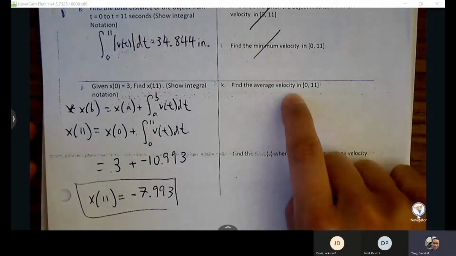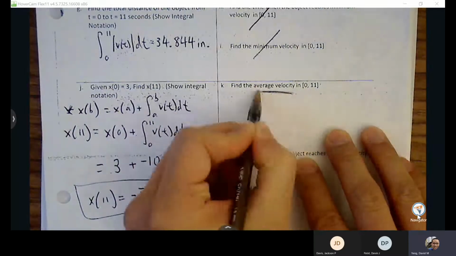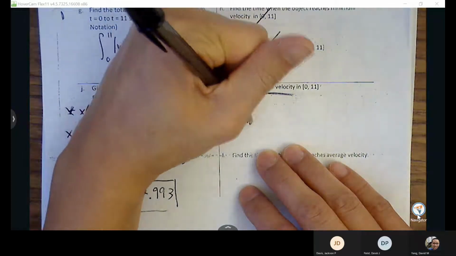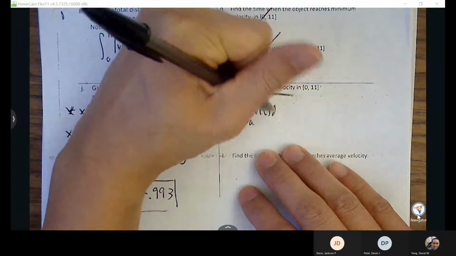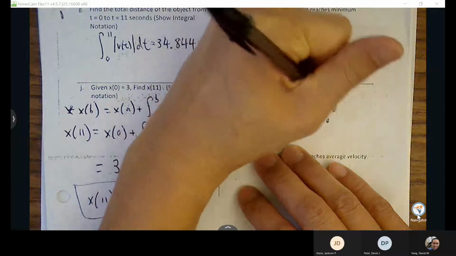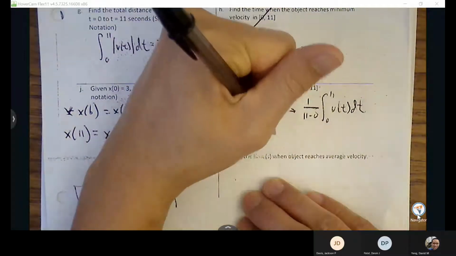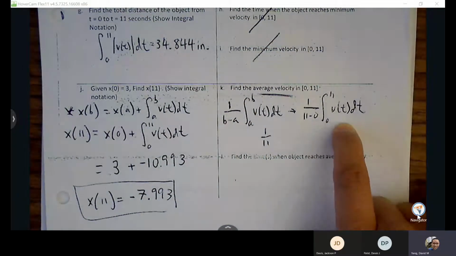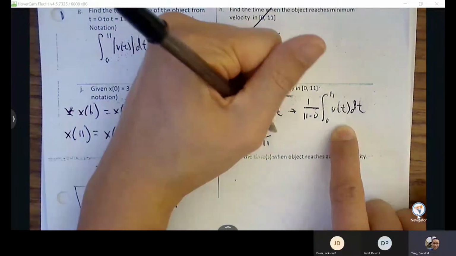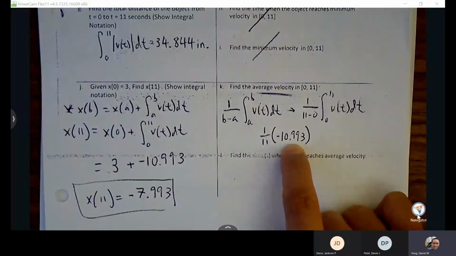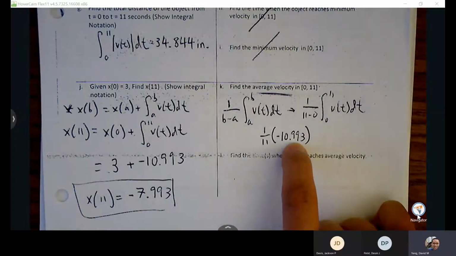Part K, find the average velocity. Average velocity is the average value theorem. We already know this information from part F. So we know that he's going to cover a distance of 11 units in the backwards direction.